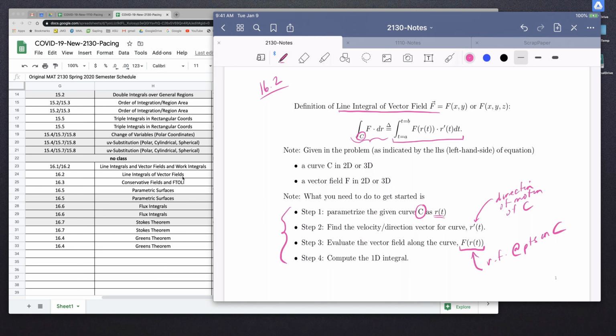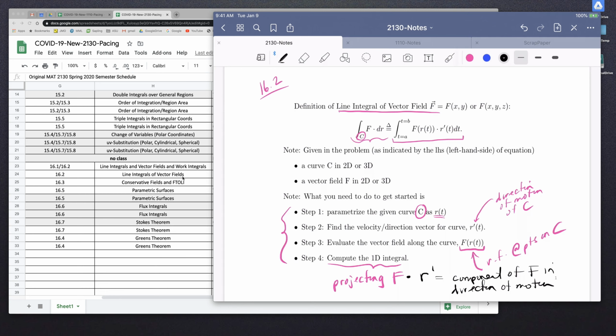And then we need to compute this one-dimensional line integral by projecting the vector field F in the direction of motion of the curve by doing a dot product, and that will look at the component of the force in the direction of motion. Okay? And then you will compute the 1D integral. Okay, so that was section 16.2.